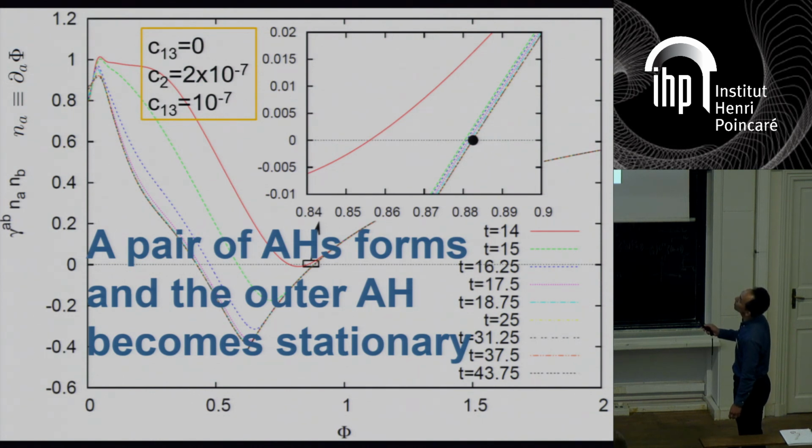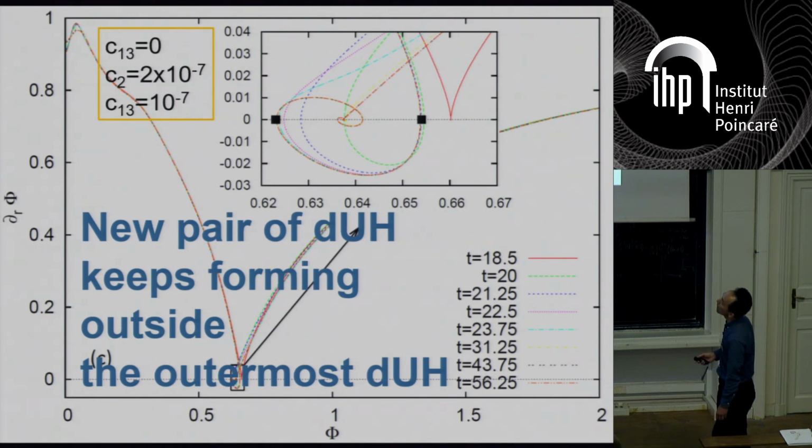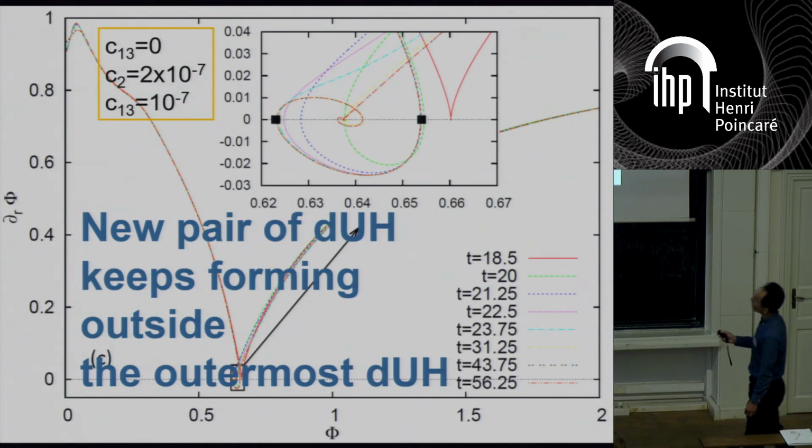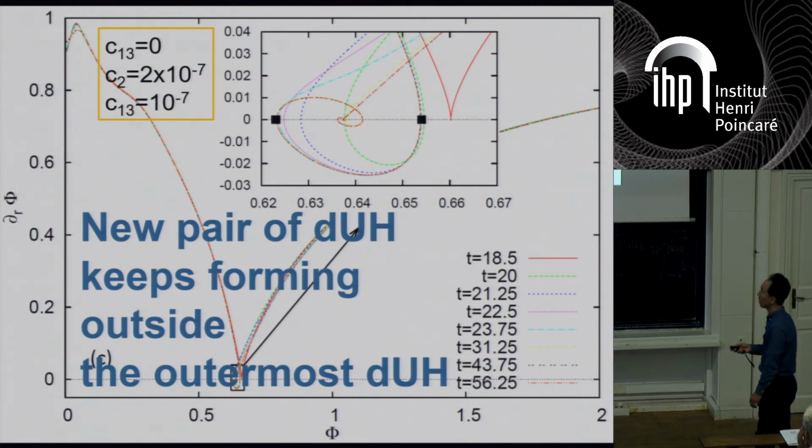This is the outer horizon, and this is the expansion basically along the null line. So there are apparent horizons here and here, and the outer horizon becomes stationary. Also, the dynamical version of the universal horizon keeps forming outside the outermost dynamical universal horizon. So we have multiple dynamical universal horizons.